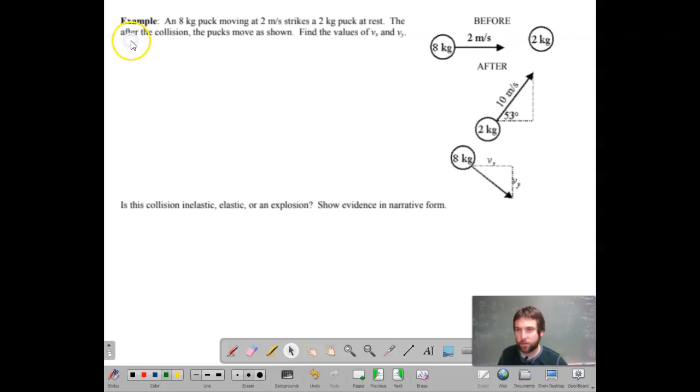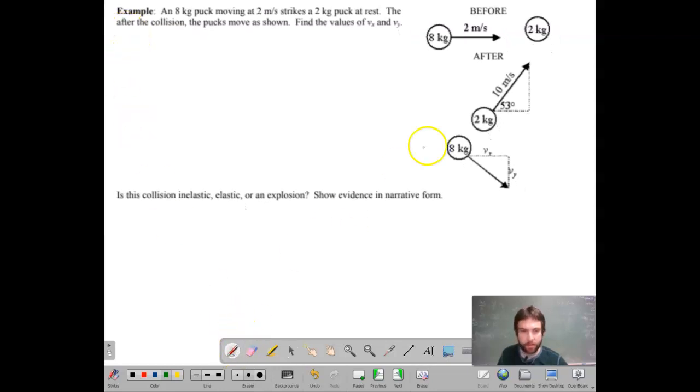Alright, so let's start with x, because you see that this is velocity at an angle, so we have to separate them into their components, and we have to keep x completely separate from y. So we're going to start with x, and we've got our conservation of momentum. The momentum before has to equal the momentum after.